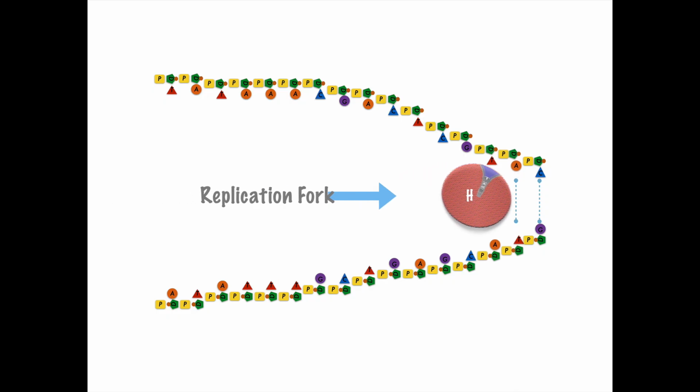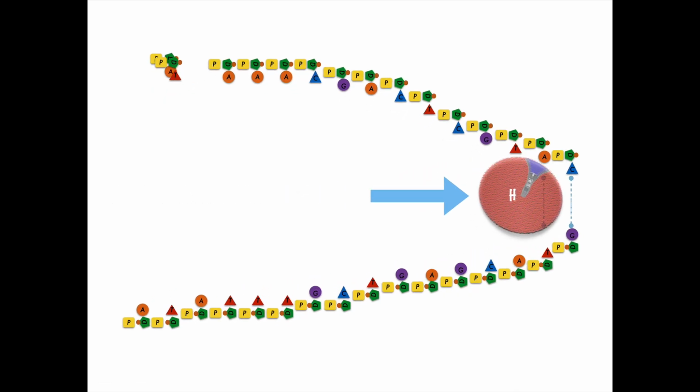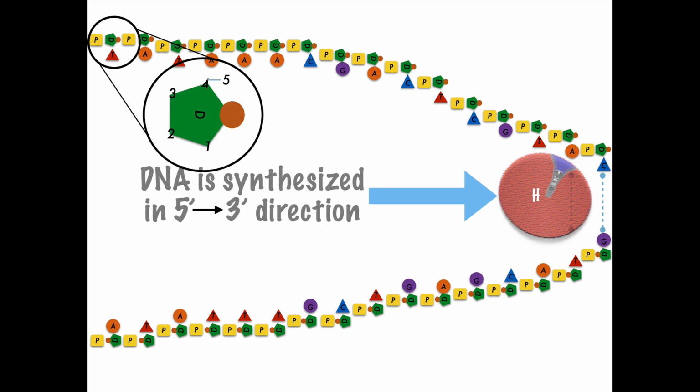As helicase breaks up those hydrogen bonds, that particular location where those bonds are being broken is called the replication fork. Now, one of the things that we want to consider as we're moving forward, let's take a look at the top strand, for example, the top parent strand. Notice the configuration of the deoxyribose sugar. You have the 3' on the left, and then you have the 5' on the right. So the parent strand on the top is running from the 3' to the 5'. This is really important, because at the bottom, that means it's running the opposite.